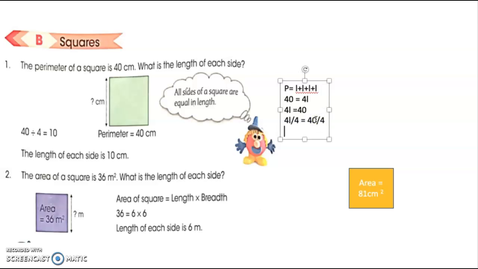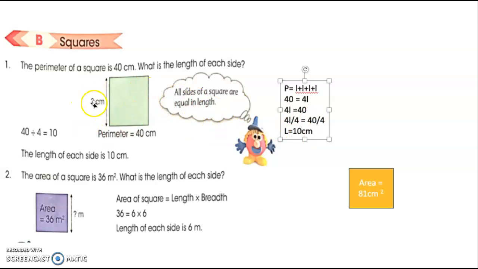So 4 divided by 4, I will get only 1, and then L will be equal to 40 divided by 4, which is 10, right?